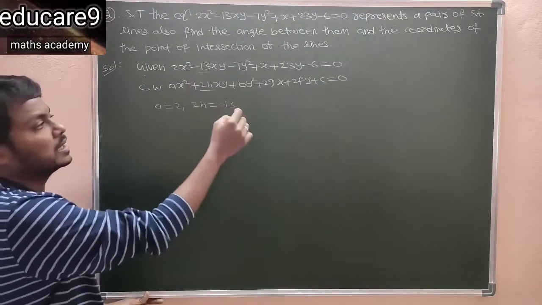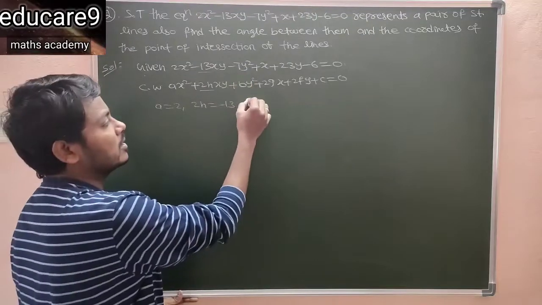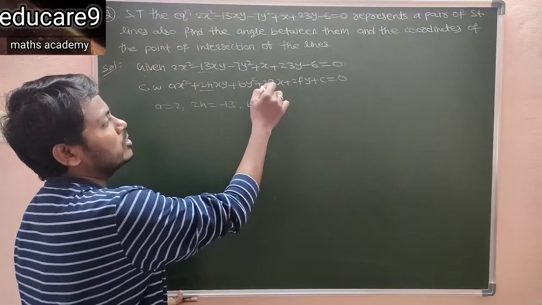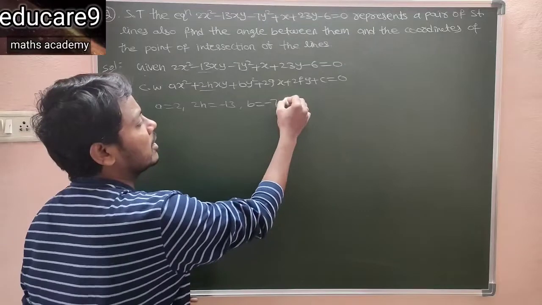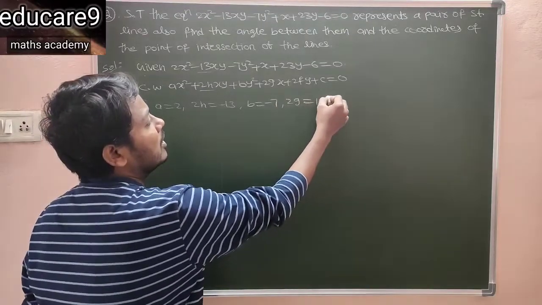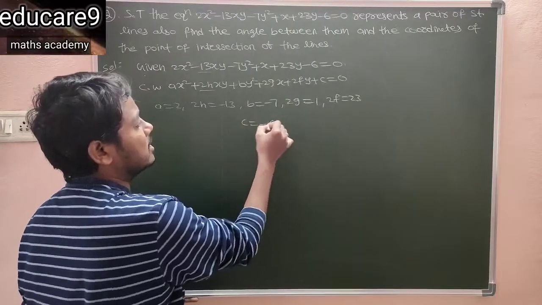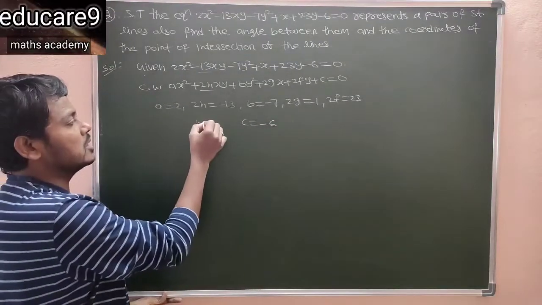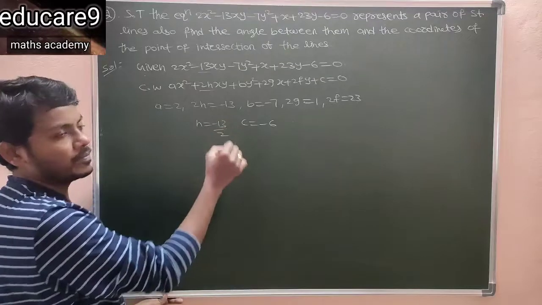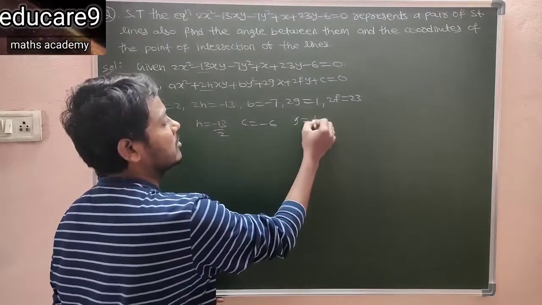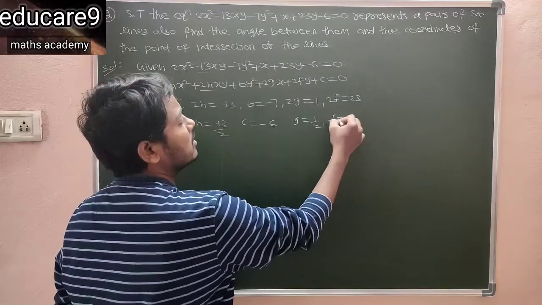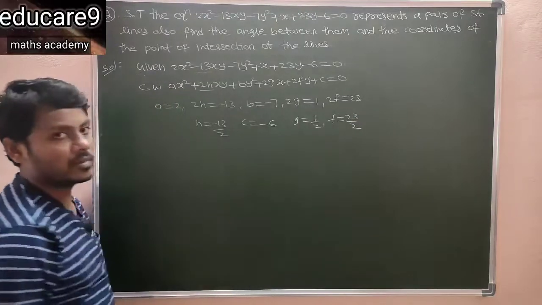Minus 13. And b is minus 7. And 2g is coefficient of x, 1. And 2f is 23. And c is minus 6. So h is equal to minus 13 by 2. And here g is equal to 1 by 2. F is equal to 23 by 2.